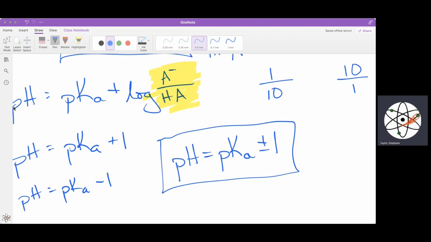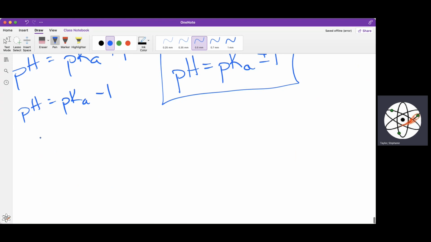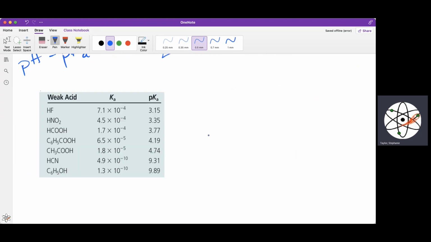So when we're trying to choose a buffer system, let's say the goal is a pH of 4. Then I'm looking for something in the 4 range. These are close to 4, and I want whichever one is closer.